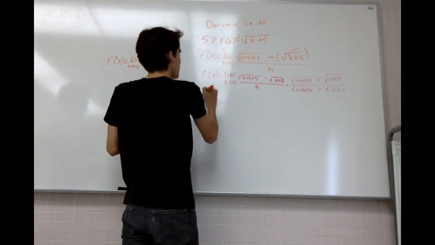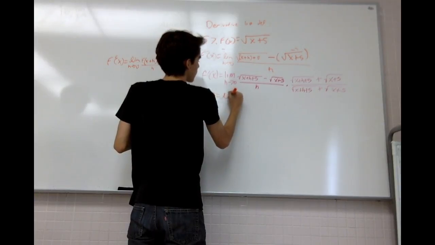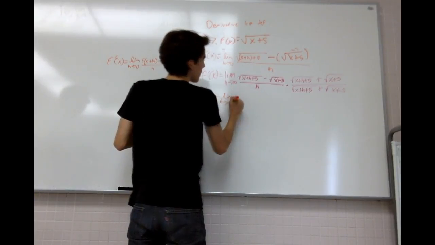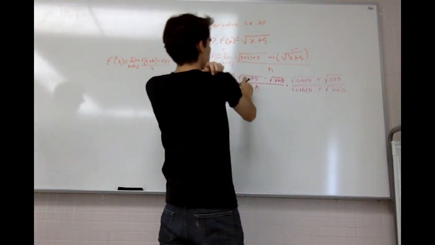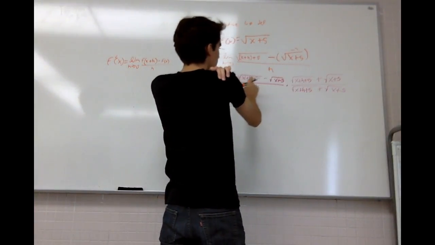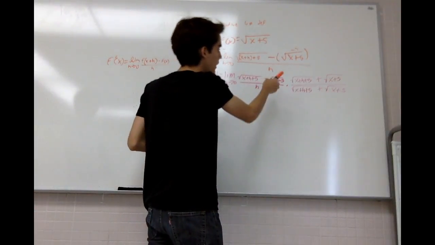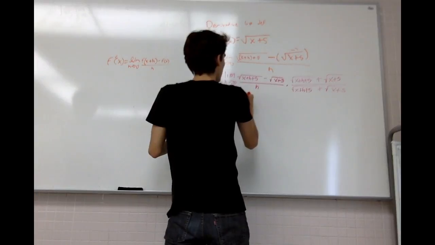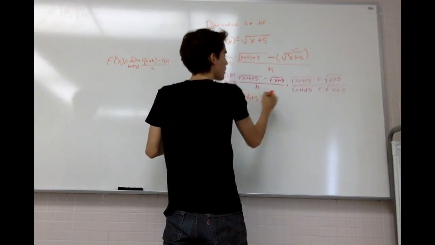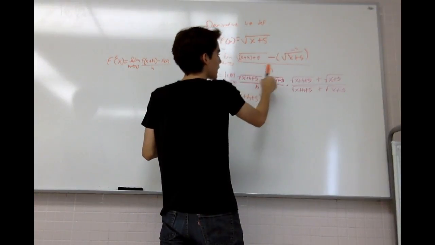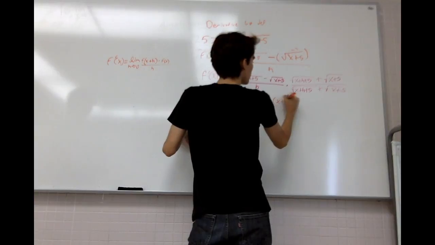So what we're going to do is bring this one over here in the numerator. When we multiply this term with this term, we're multiplying two square roots, so the square root is going to cancel, so it's going to be x plus h plus 5, minus, since we have a negative and a positive here, x plus 5.